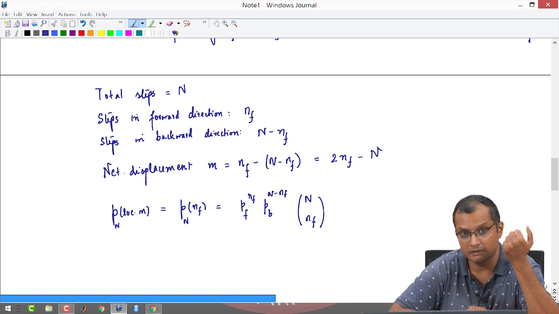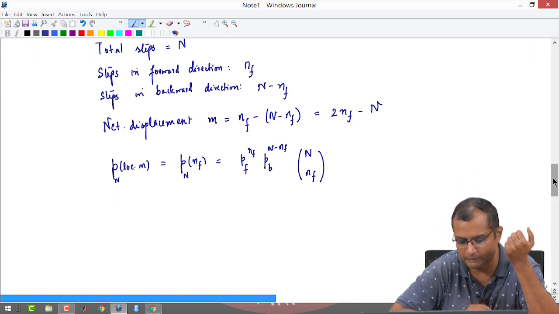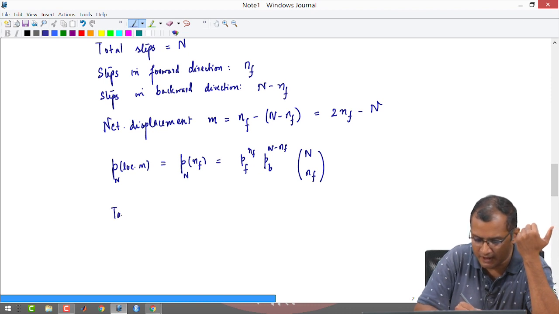Okay. That is the probability of finding the walker at location m with NF forward steps. That is the answer to your first question.